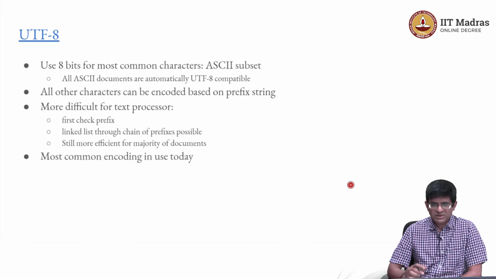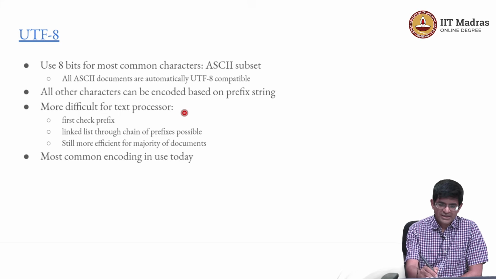Now keep in mind that this particular prefix encoding is not something that you need to know. You just need to be aware of the fact that there is a prefix encoding. The exact prefix encoding is determined by the UTF-8 standard and is implemented by text processing utilities inside, which automatically know how to scan through a sequence of bytes and interpret them.